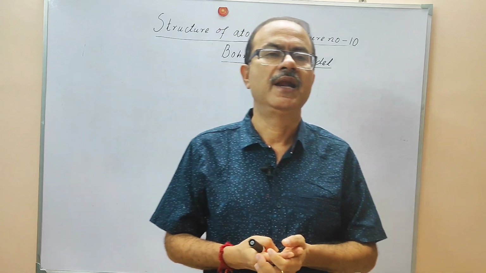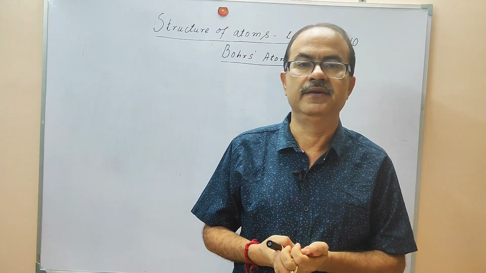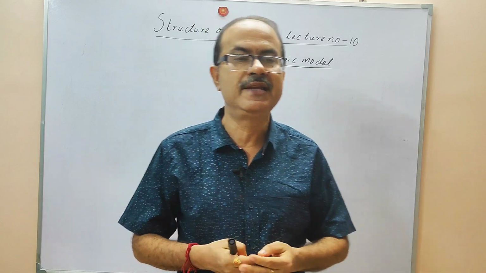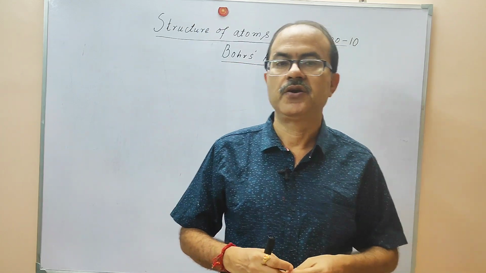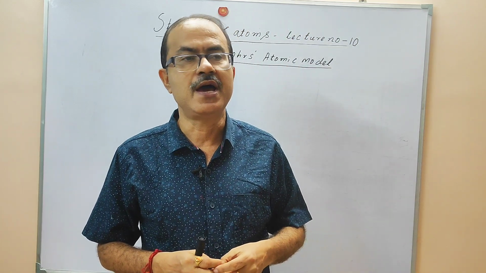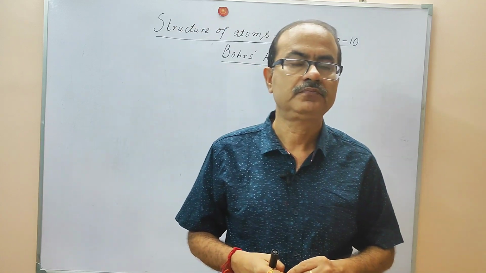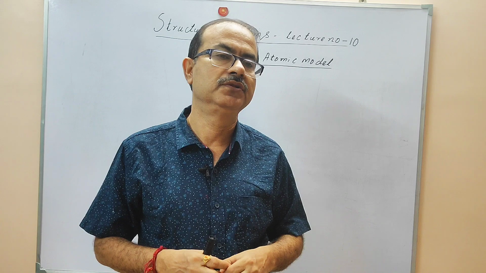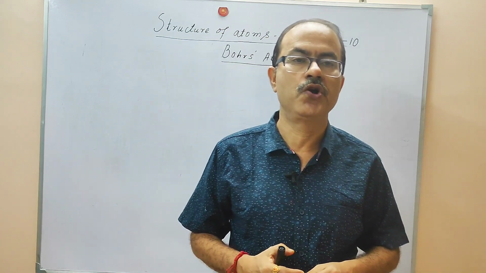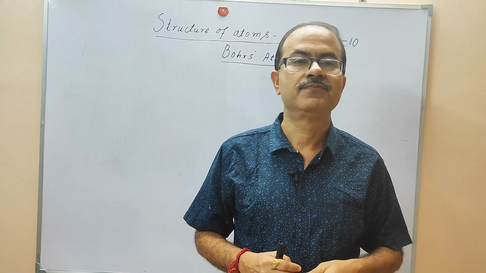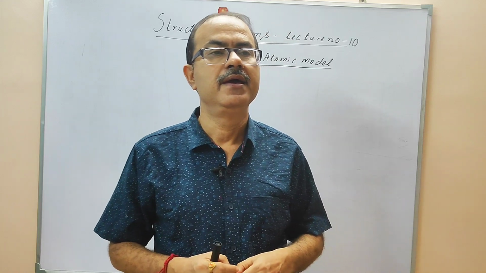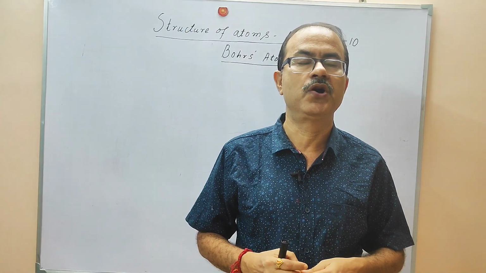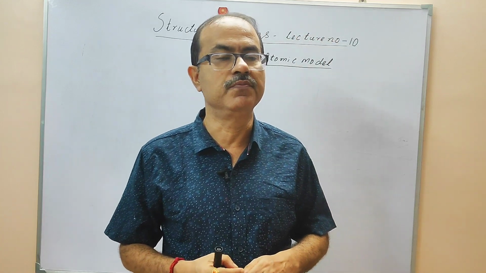In the year 1913, Niels Bohr was the first scientist to give a detailed picture of the hydrogen atom and its line spectra. Previously, in view of the shortcomings of the Rutherford model, Bohr put forward a very important, improved version of the atomic model, which is called the Bohr atomic model.